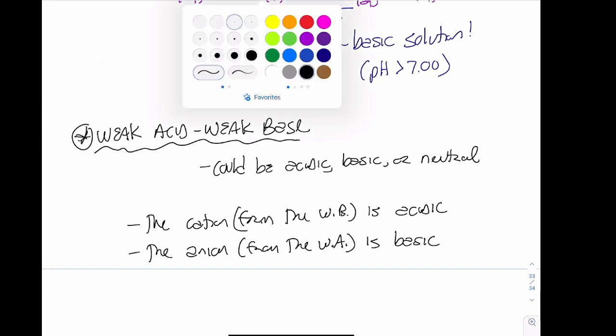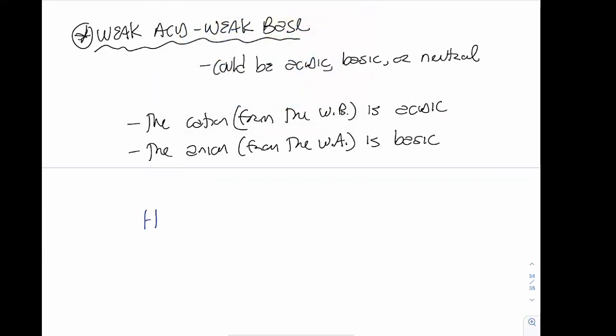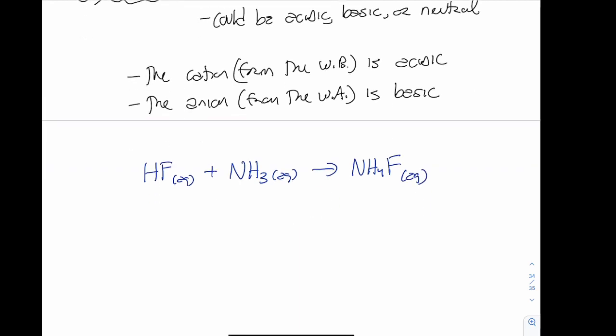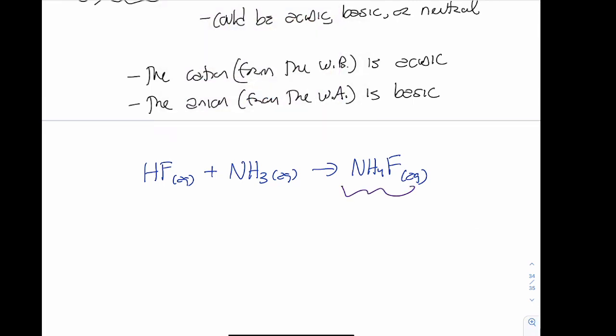So kind of our example here, HF plus ammonia, right? We know we're producing ammonium fluoride. It is an aqueous solution, so I do have water. So then if we look at the actual salt here, I have NH4 plus and F minus, right?